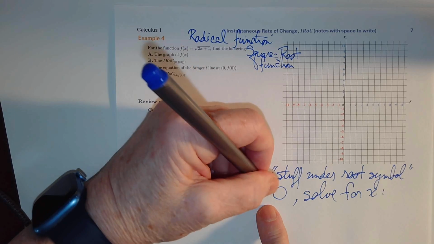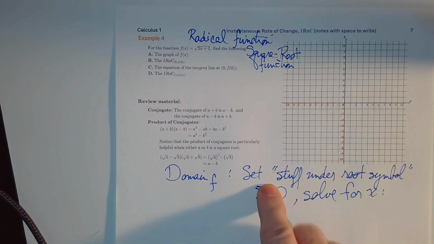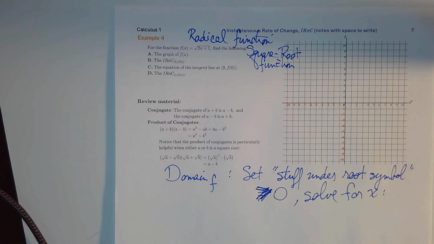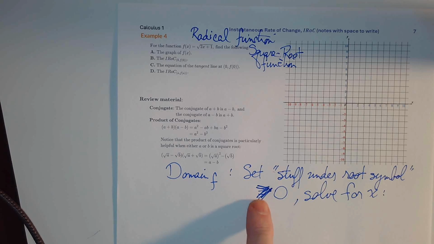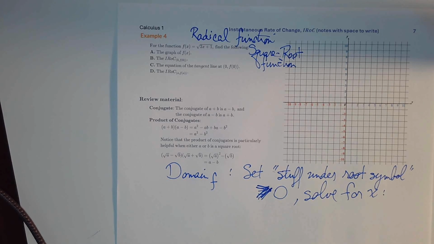And we want it greater than or equal to 0 because square roots, any even root, fourth root, sixth root, has to be at least 0 or positive.